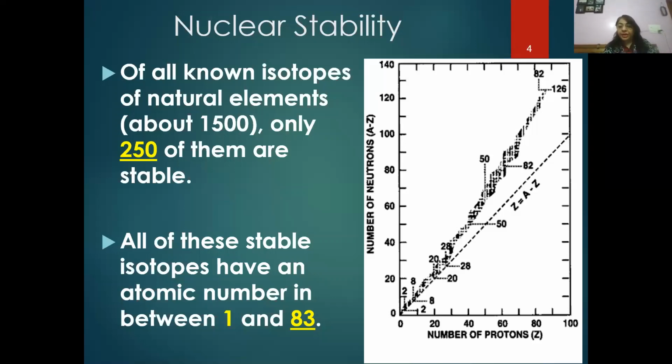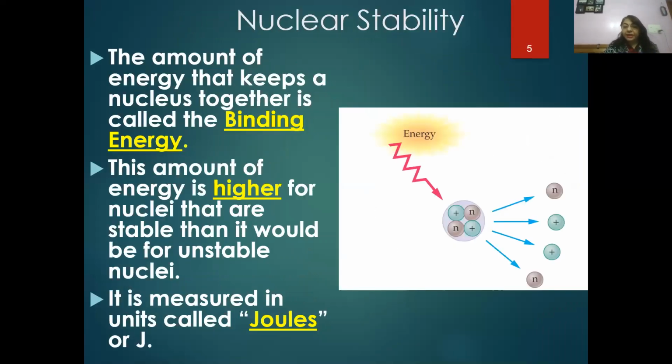The movie that I was showing you was nothing else but the graphical expression of binding energy. Now, the amount of energy that keeps a nucleus together is known as the binding energy. This binding energy word is also used when we talk about the energy binding an electron to a particular nucleus in the model of the atom.